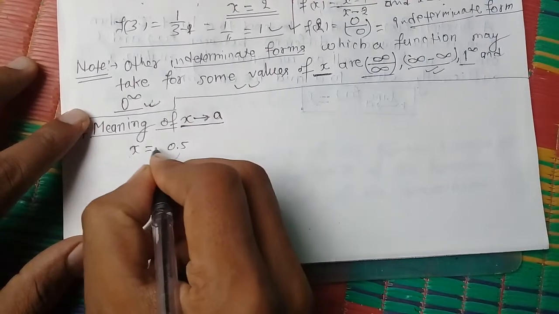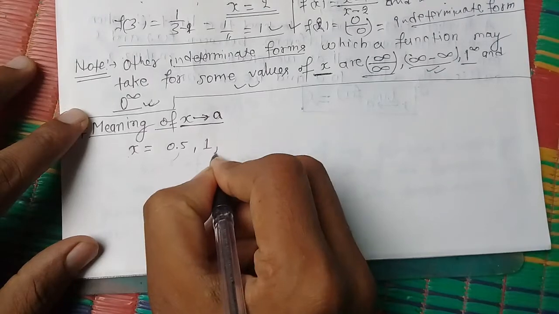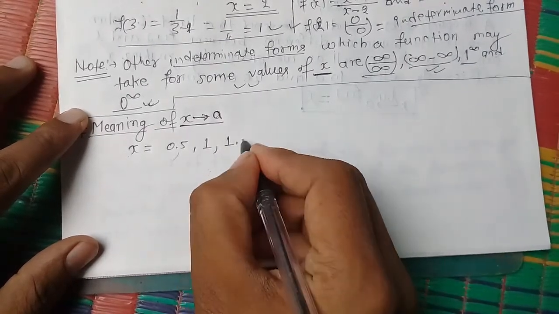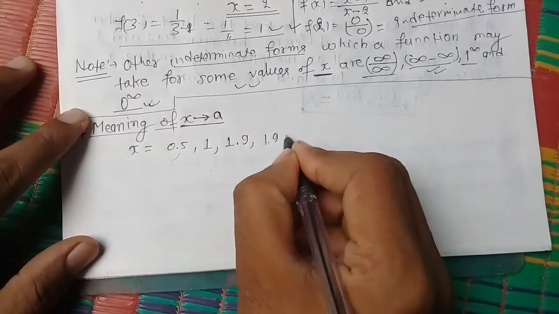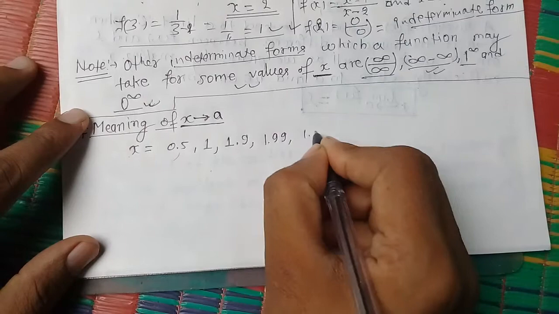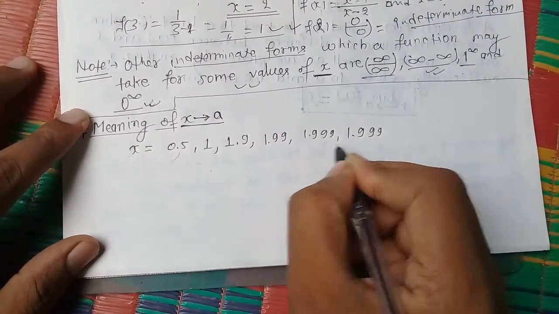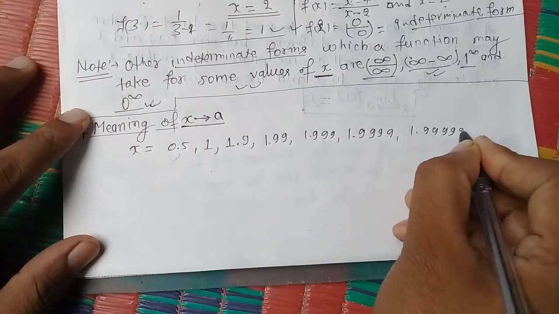If x approaches 1, and then 1.9, and then increasing the 9s, what will happen? Increasing the 9s: 1.9, 1.99, 1.999, increasing the nines.